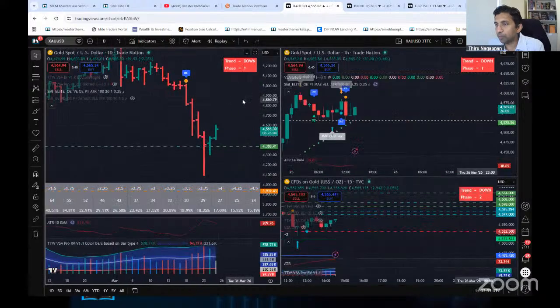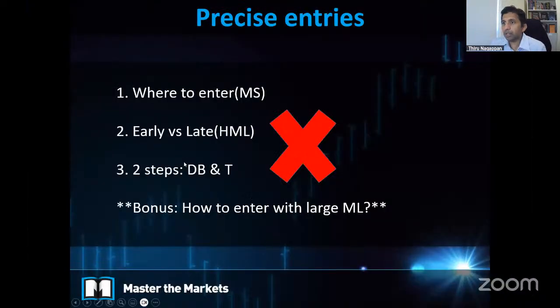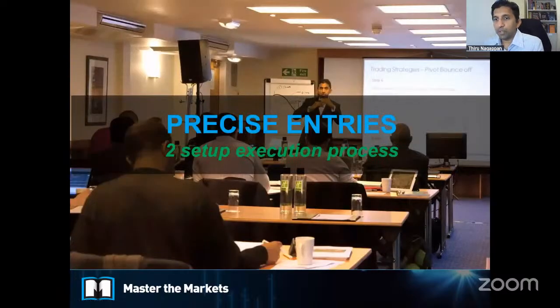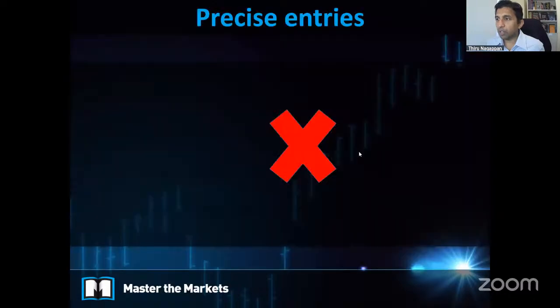Now that will swiftly move us to our topic for today, right? So coming back into our topic, I've talked about it just now as well, on precise entries, right? Precise entries, a two-step execution process, okay? Now, before we delve into that, as I mentioned in the beginning, you see the problem that people get into, guesswork with entries.